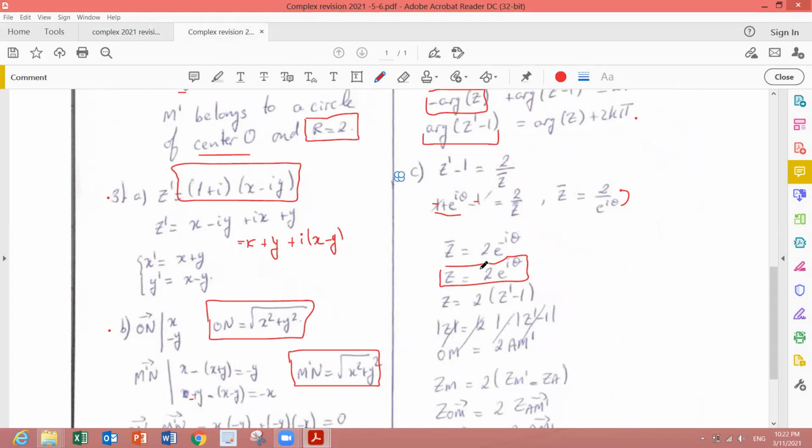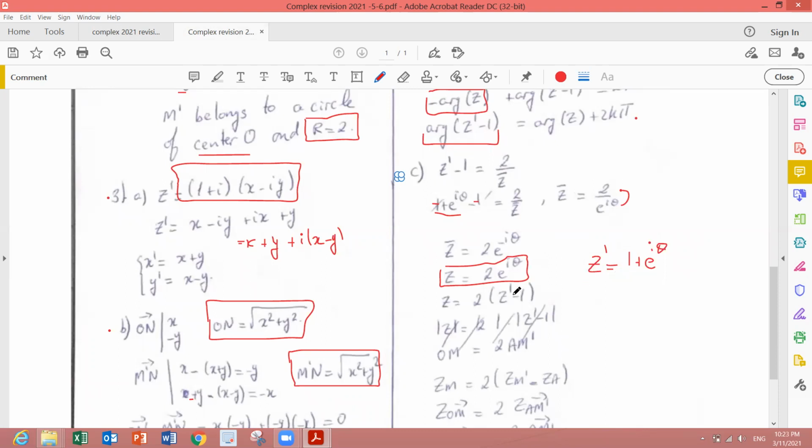This is Z. Now Z equals 2 times e to the i theta. And e to the i theta is Z prime minus 1, because Z prime equals 1 plus e to the i theta.